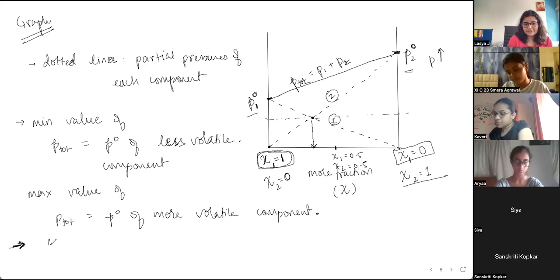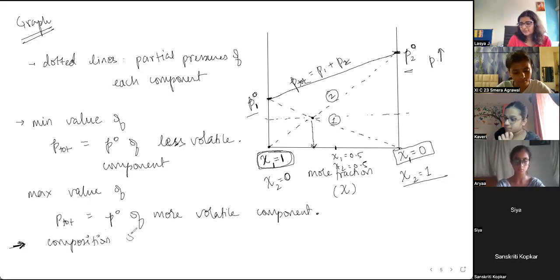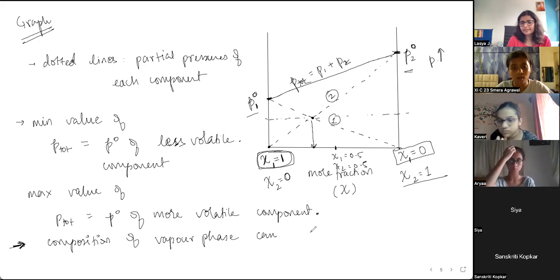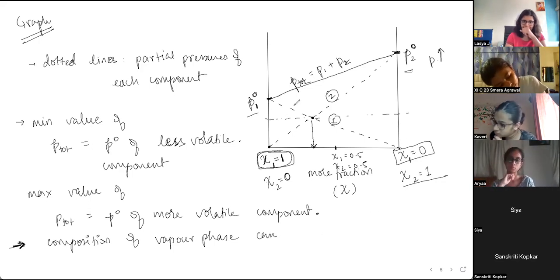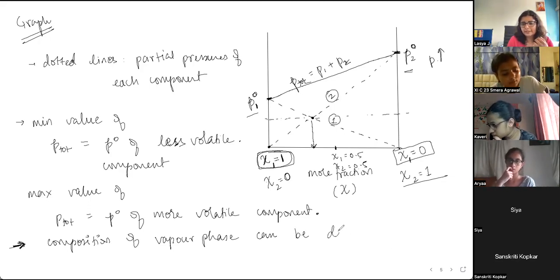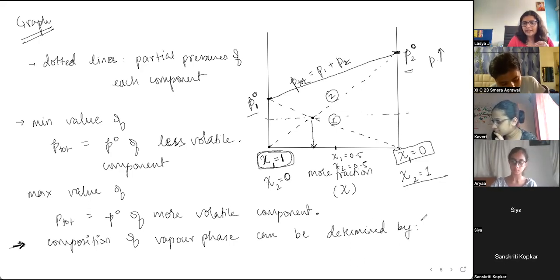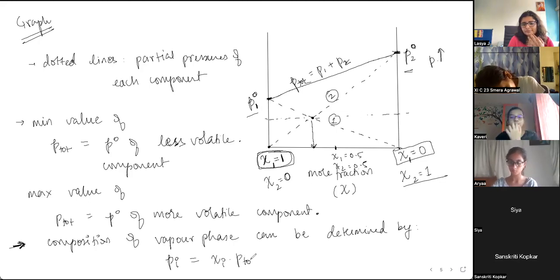The composition of the vapor phase, when the solution is in equilibrium with its vapor phase, can be determined from the partial pressures that you have as Pi equal to Xi into P total.